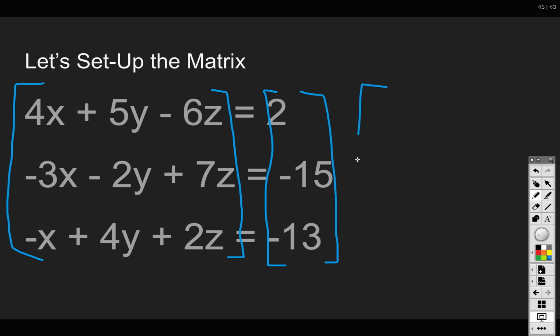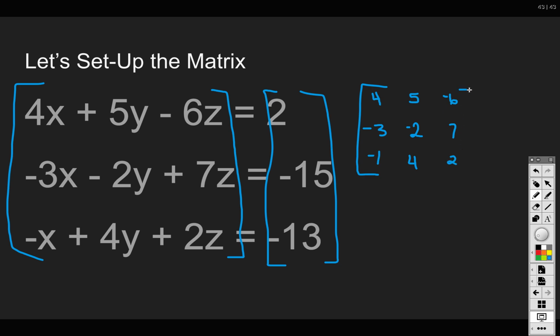In the first one, it is 4, 5, -6, -3, -2, and 7, and then -1, 4, and 2.